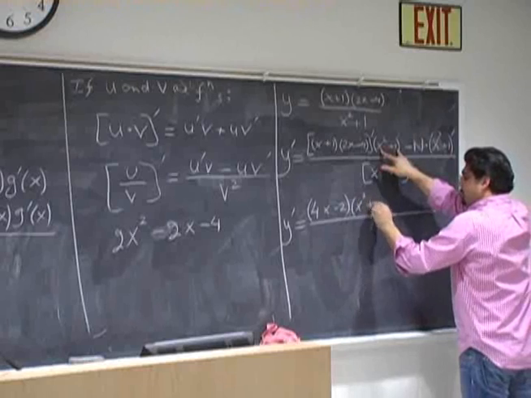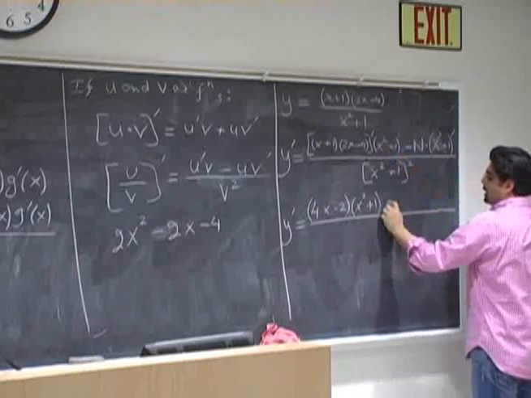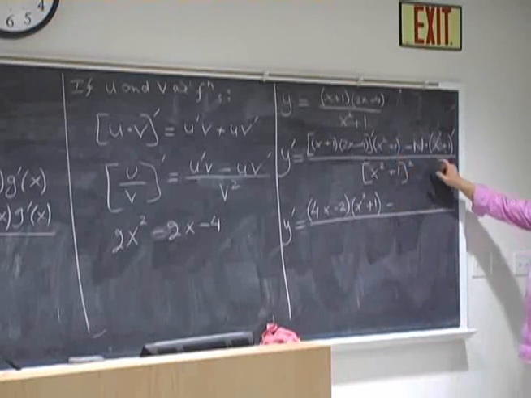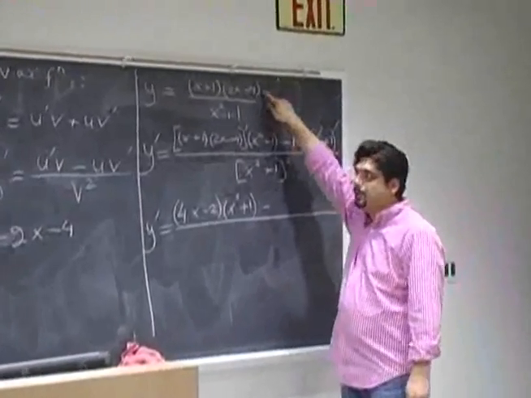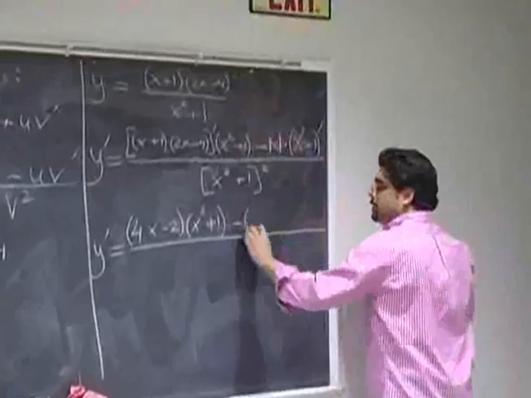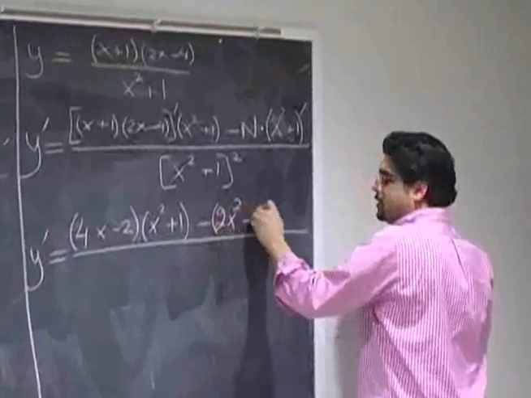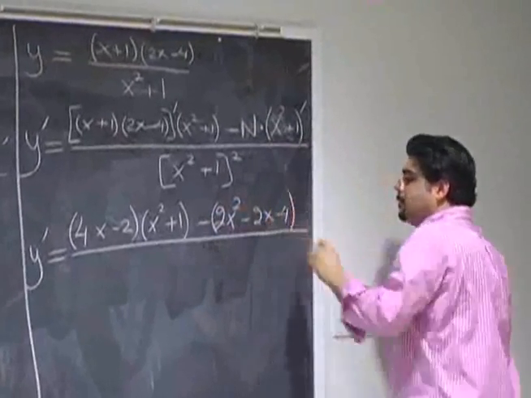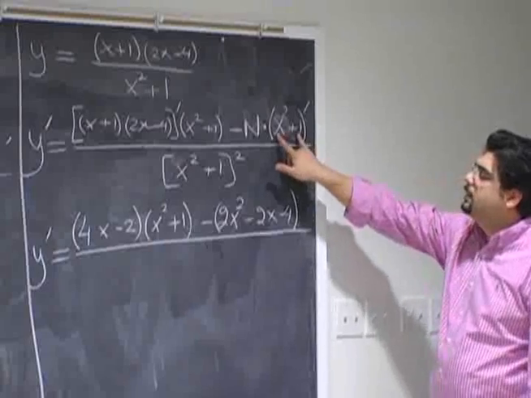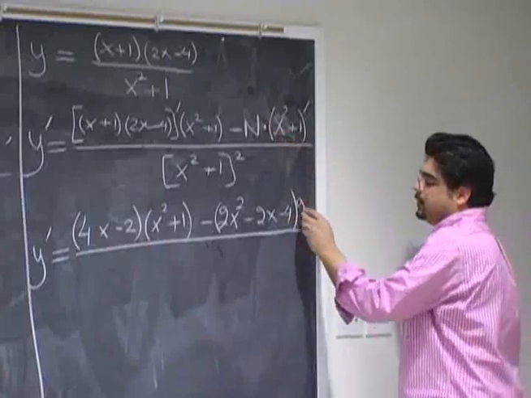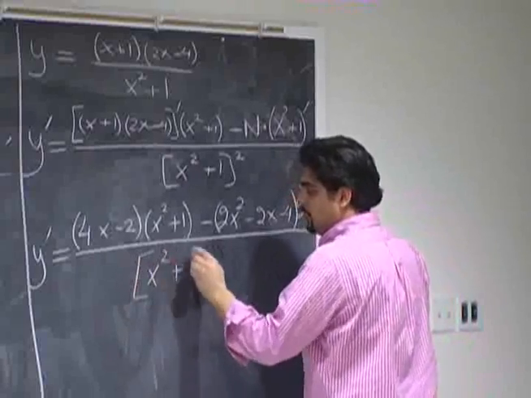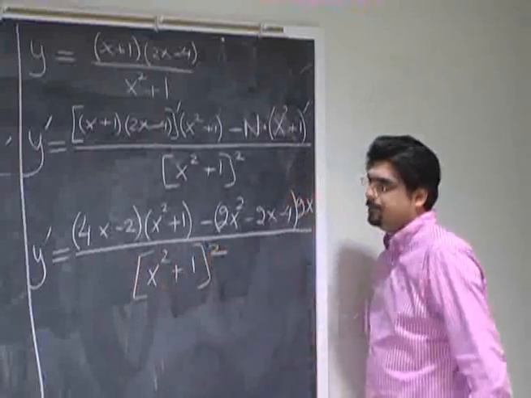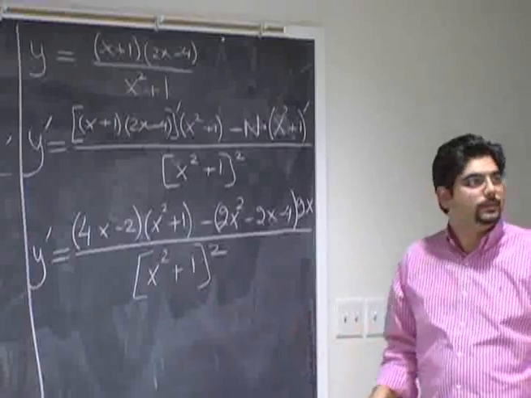Times x squared plus 1, minus the numerator, we could probably work that out, right? That's 2x squared minus 2x minus 4. And what's the derivative of x squared plus 1? Just 2x, over x squared plus 1 squared. Okay?